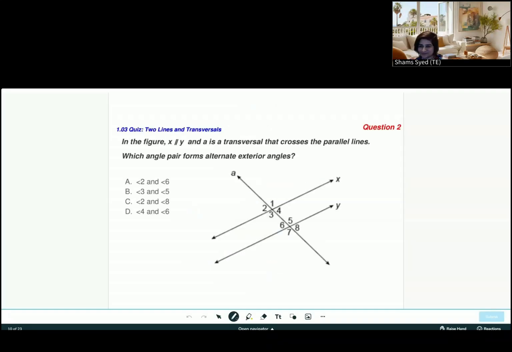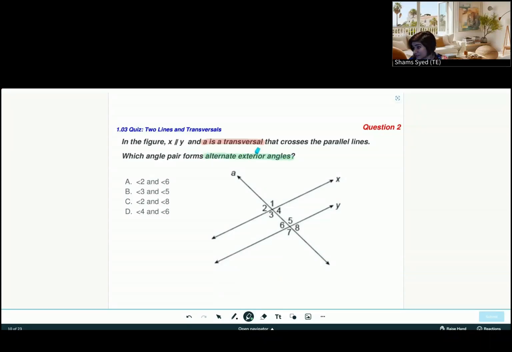Here we are. Like the other questions, it's again telling you A is the transversal, the line that cuts through the parallel lines X and Y. You will figure out which angle pair forms alternate exterior angles.